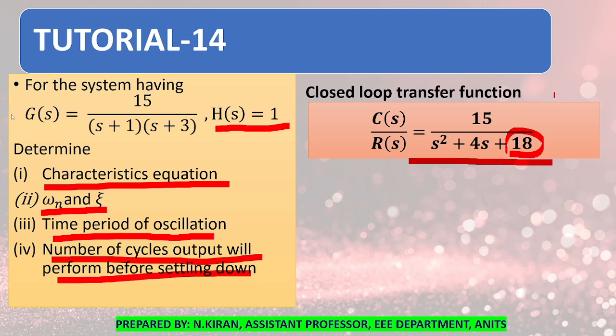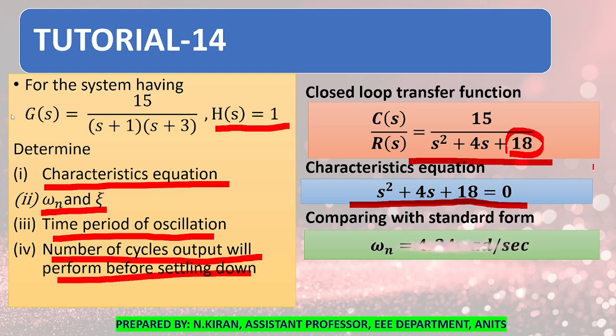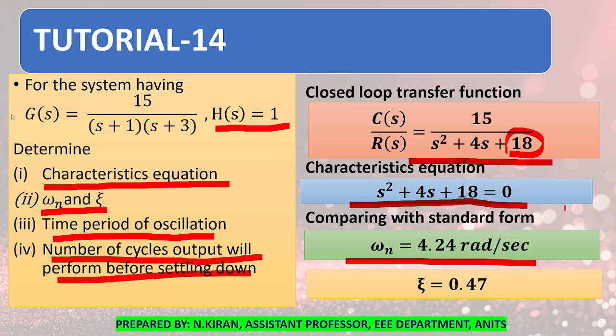Anyhow, the characteristic equation is the denominator polynomial, that is s square plus 4s plus 18 is equal to 0. Next, comparing this with the standard form, omega n will give me 4.24 radians per second, and zeta, the damping ratio, will be 0.47.